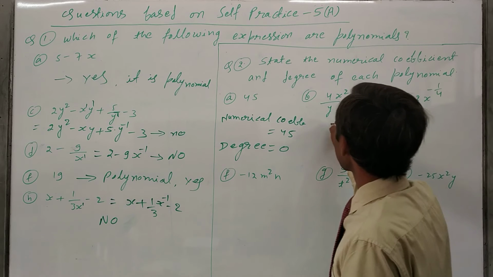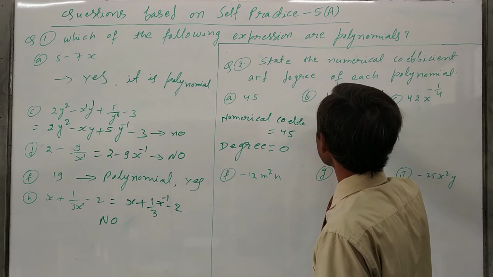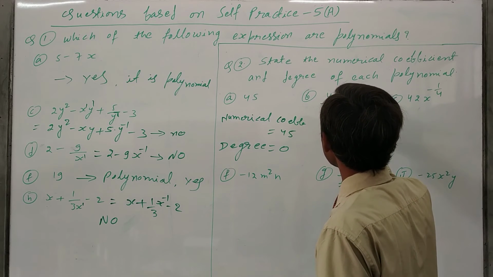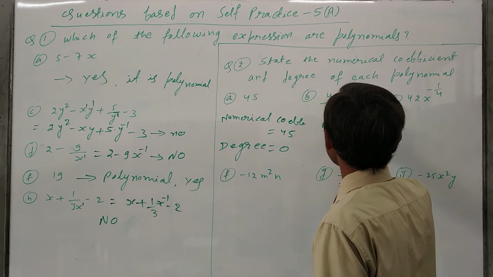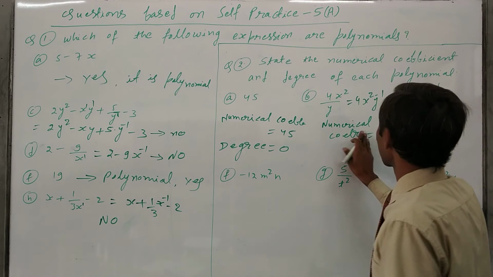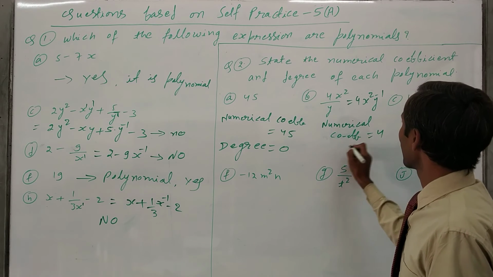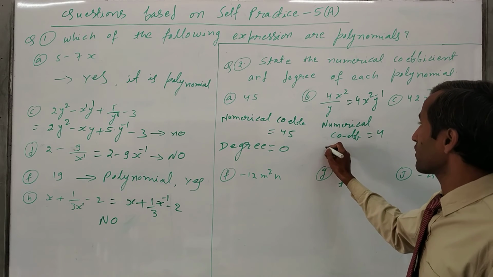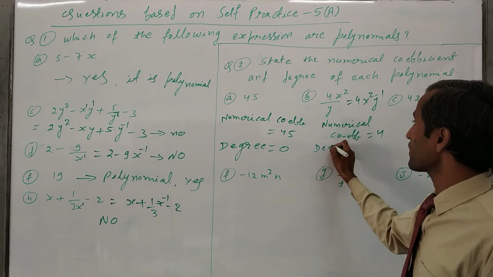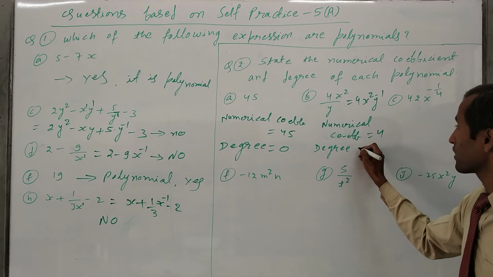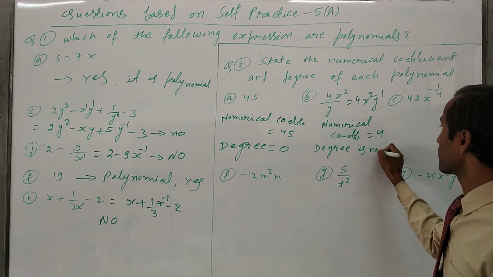Directly we can say numerical coefficient is equal to 4 and degree is not defined. Just write down that degree is not defined.